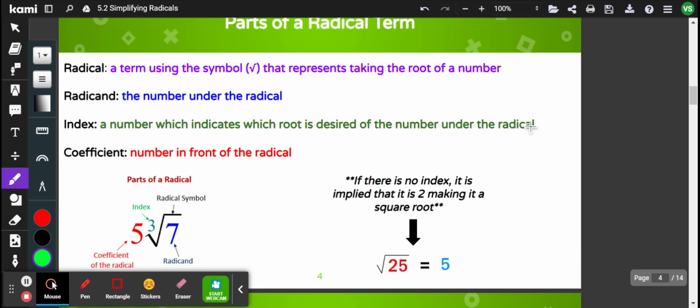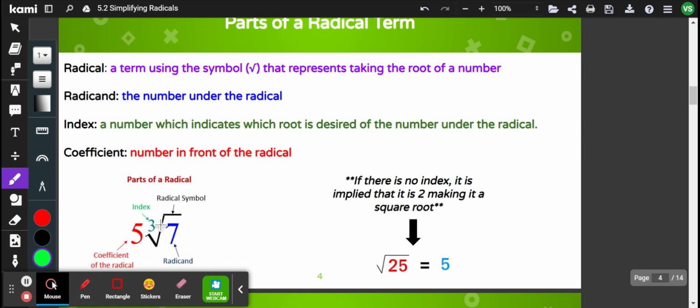Now, what is a radical? A radical is a term using the square root symbol that represents taking the root of a number. The radicand, in this case the 7, is the number under the radical sign. The index indicates which root is desired of the number under the radical.